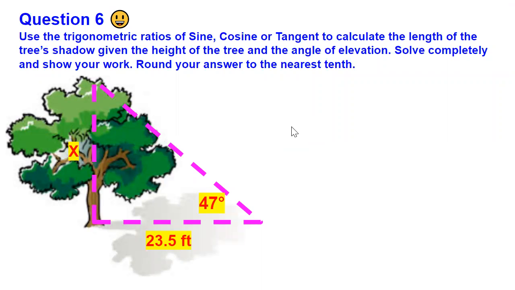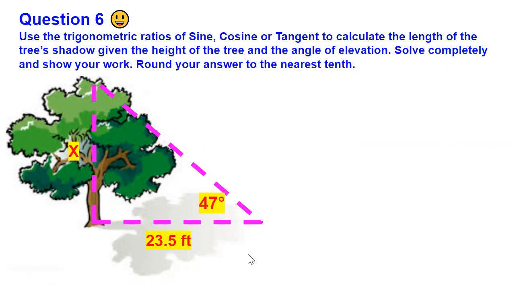So in this one, imagine that we are asked to find the height of one of the trees out here, just any random tree that we have here on campus. Once we select that tree, it's obviously going to have a shadow. The shadow, made by the sun on the left side of the tree, has a length of 23.5 feet.